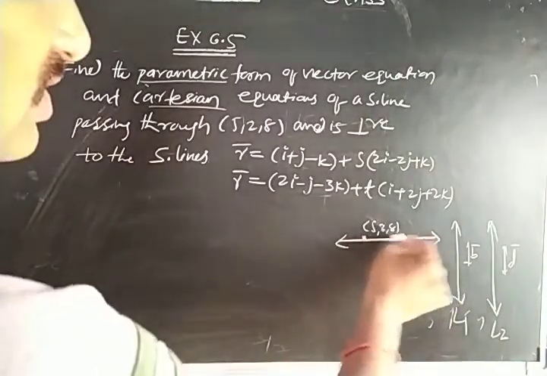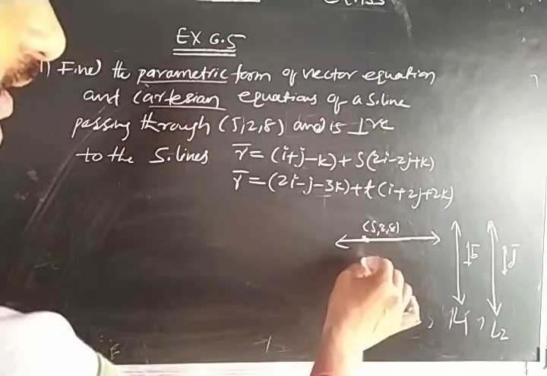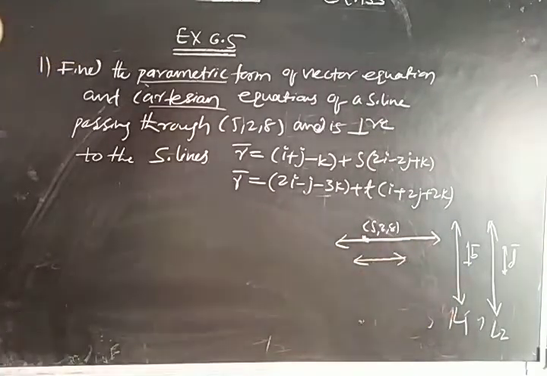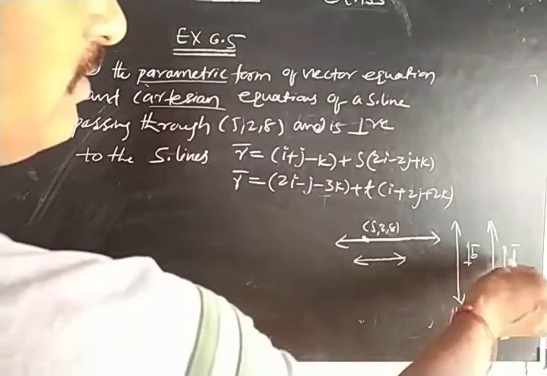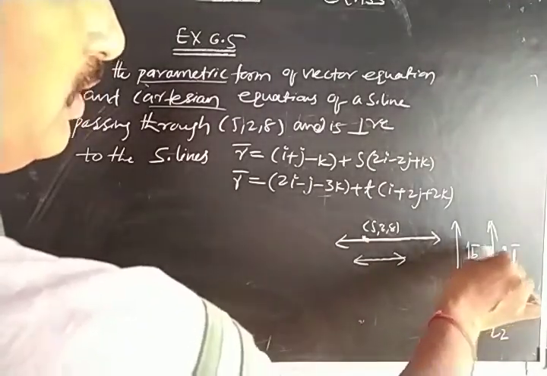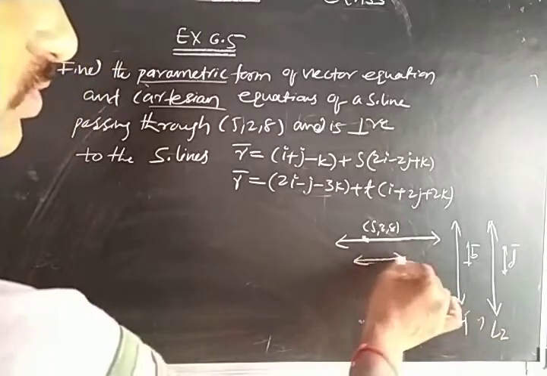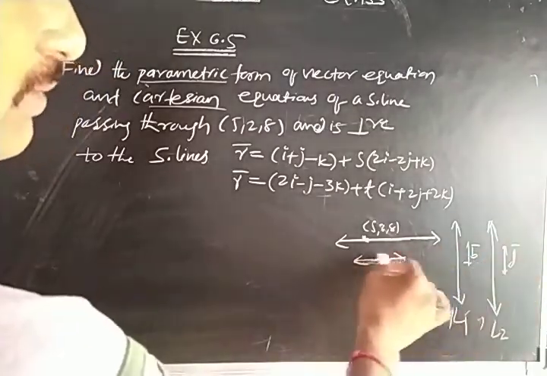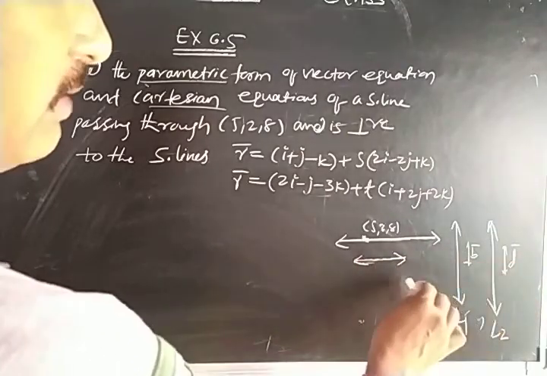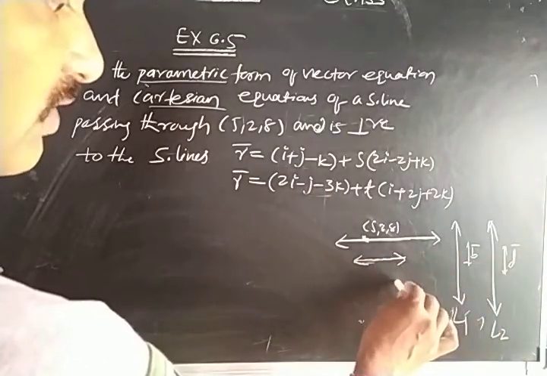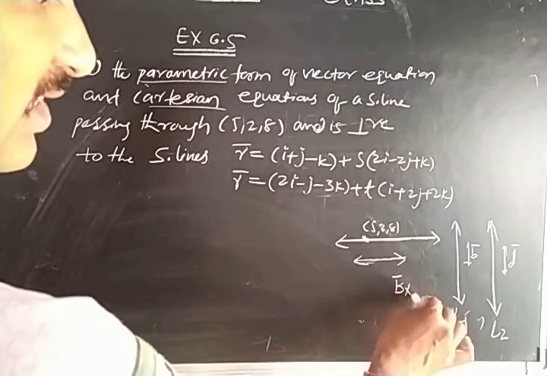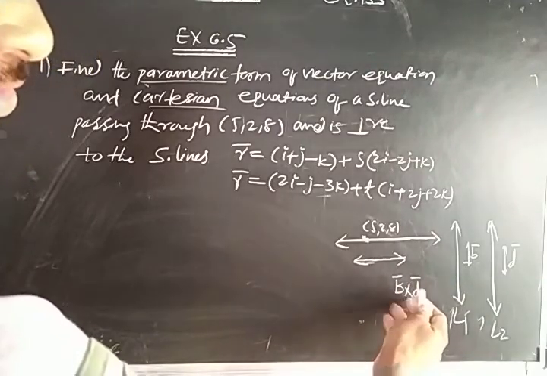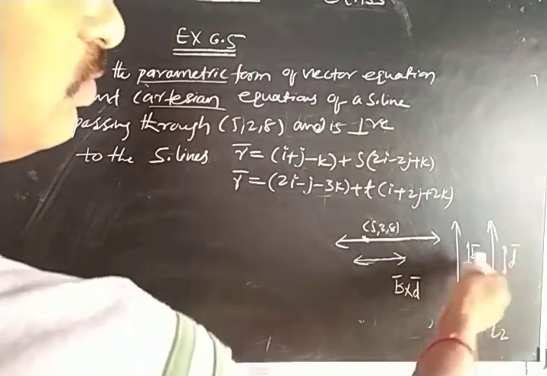To find the equation of this line, we need a point on the line and we need a vector parallel to this line. So I am going to find this vector. B bar and D bar are perpendicular to this vector, no? See by the diagram. If I find B bar cross D bar, you will get one vector which is perpendicular to these two vectors.